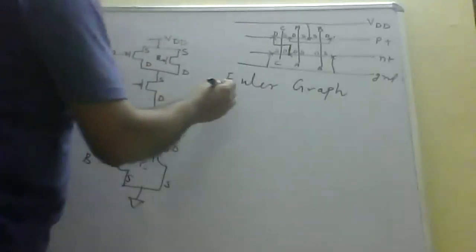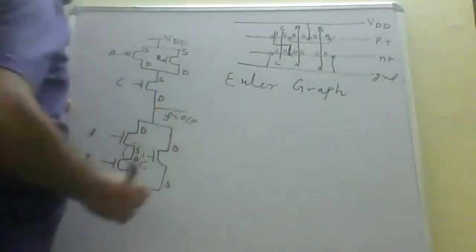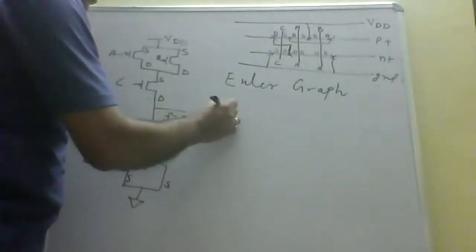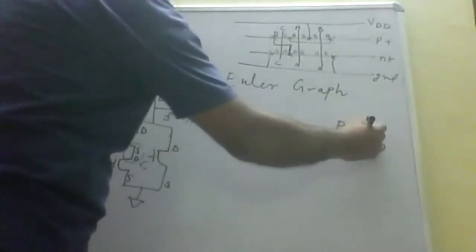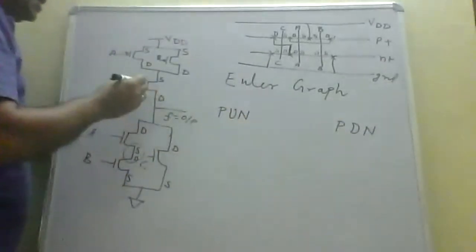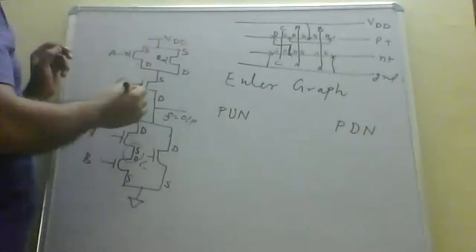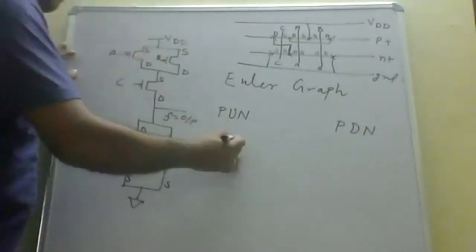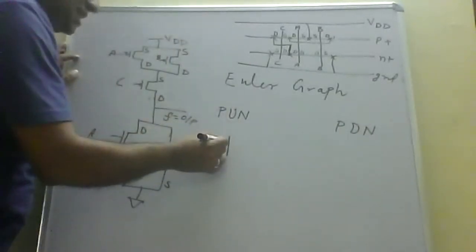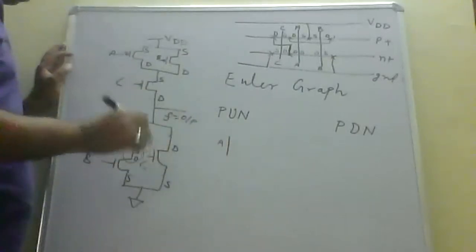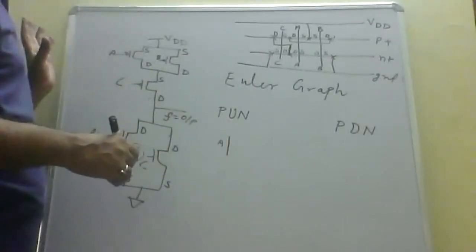So, in the Euler graph, the pull-up and pull-down graphs are made. So, the pull-up network graph and the pull-down network graph. The pull-up network graph is made from PMOS. And how do we make the graph? For one transistor, there will be one line, and on this line we write A. And this line can be of any curve.